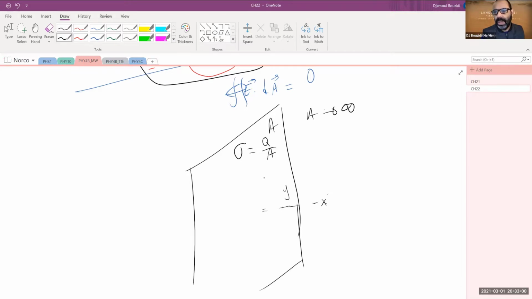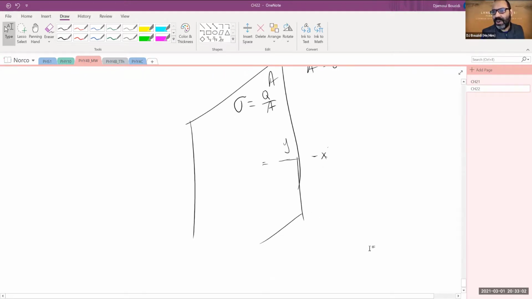Obviously, we expect at least the following. If we are closer to the plane, the electric field should be strong. If we are away from it, let's say, on the other side of the universe, this plane, albeit big, we expect its effects to be less and less. Do you guys understand that?